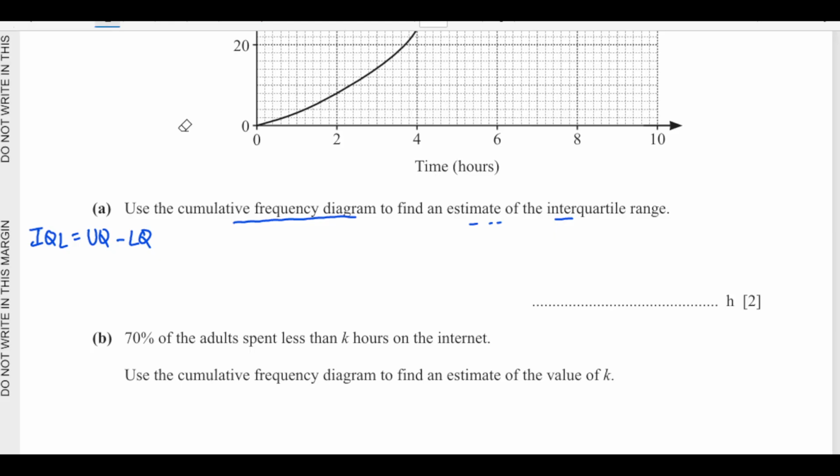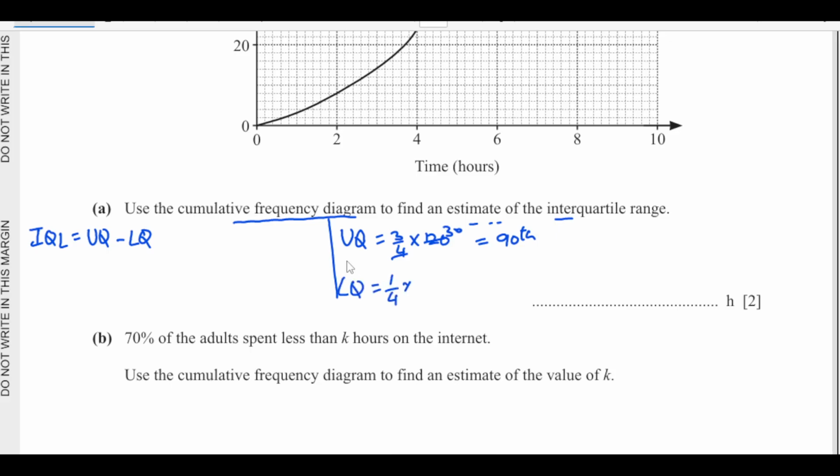So for the upper quartile, it is 3 over 4 times the total, which is 120, so 3 times 30. So this is the 90th value, right. And the lower quartile is going to be 1 over 4 times 120. So this is the 30th value, right.